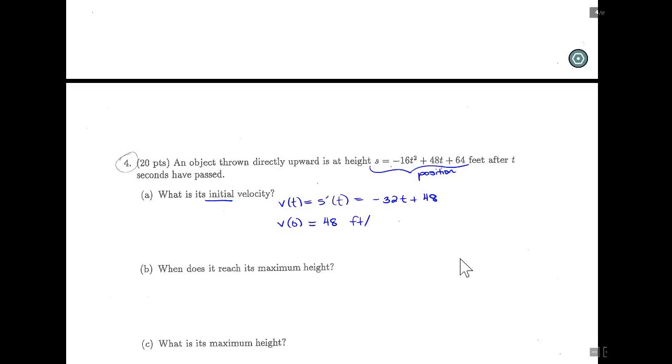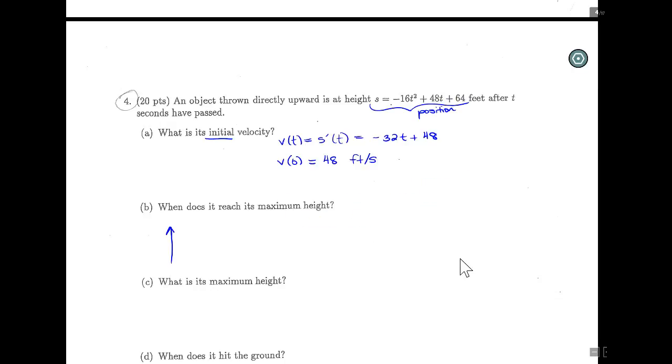When does it reach its maximum height? So imagine if an object goes up, it's going to reach a maximum height, and then it's going to go back down. So this is right when the velocity is equal to 0. Remember from above, when we found velocity, we said that was negative 32t plus 48.